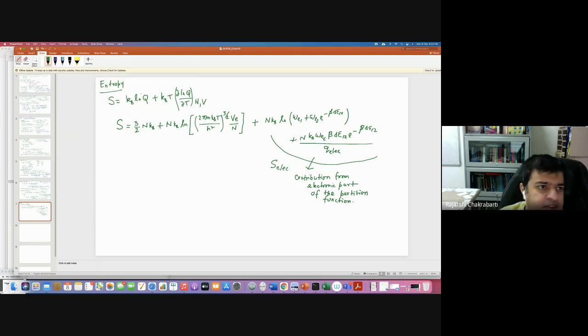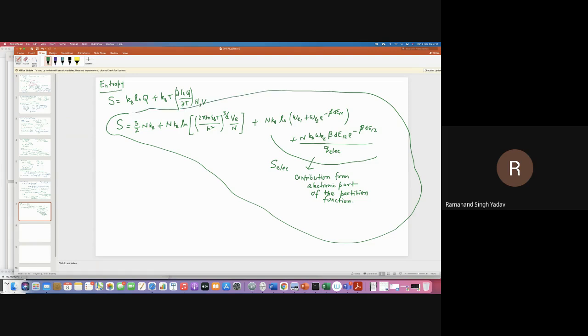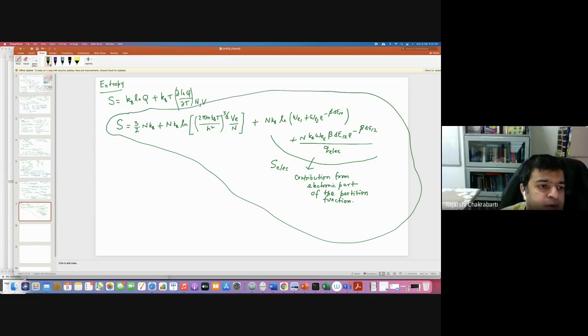And this equation has a name. Does anybody know the name of this equation? This is the Sackur-Tetrode equation. Yes, this is called the Sackur-Tetrode equation. People who have taken CH408 would know.